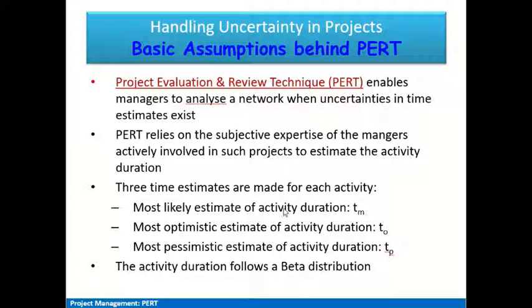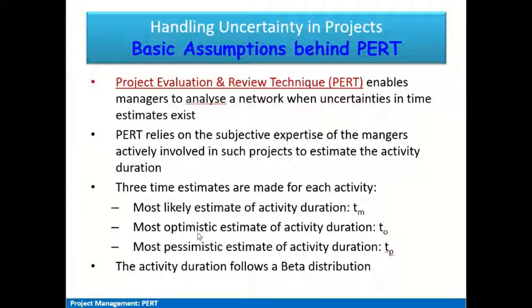They will give an estimate, and that is taken as the most likely estimate of that activity duration time. And we can ask them then what is the most optimistic estimate of the activity duration, and that is represented by T_O, T with a subscript O.